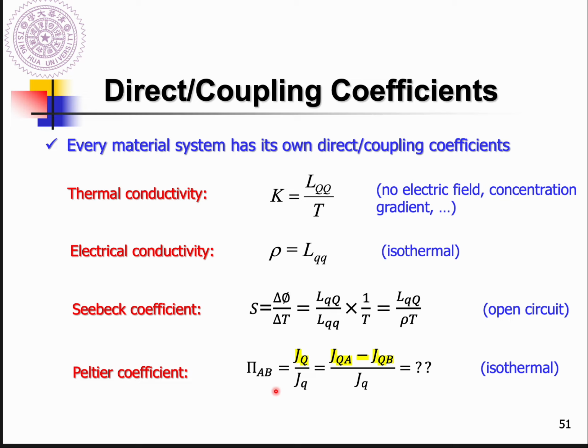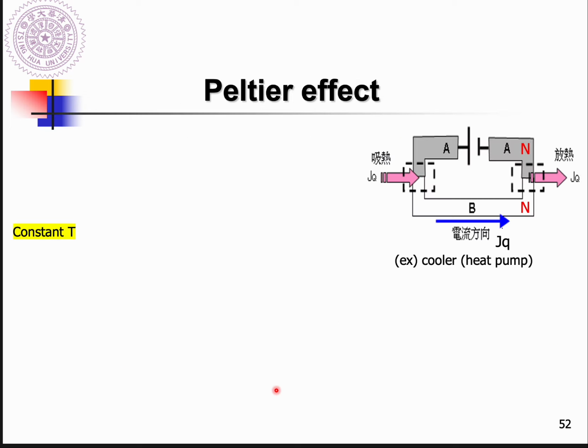So let's take a look at what the Peltier effect is and what the device for the Peltier effect is. This is the device composed of material A and B. And we put an extra power supply inside this electrical circuit.